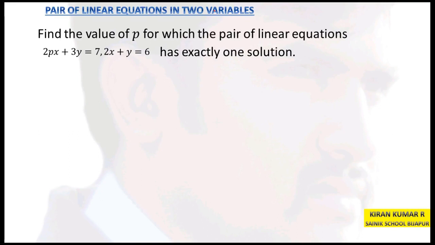Let us take up one more question, not related to graph. Find the value of p for which the pair of linear equations 2px plus 3y equal to 7, 2x plus y equal to 6 has exactly one solution.